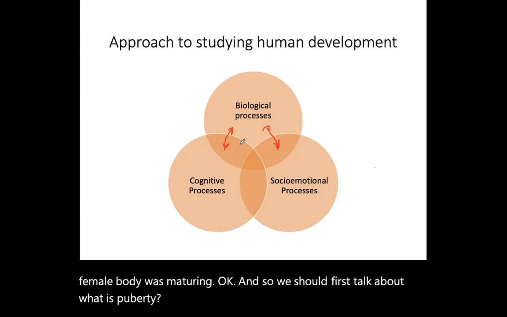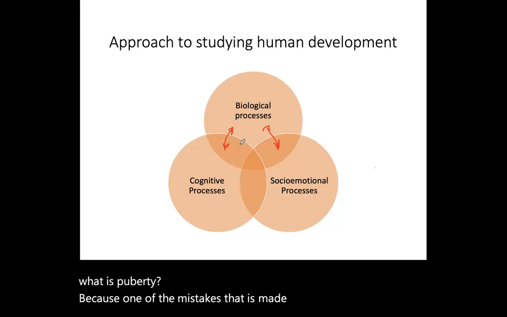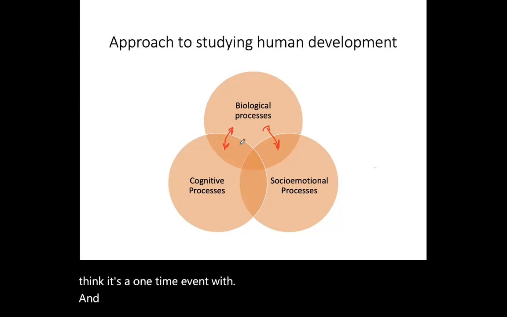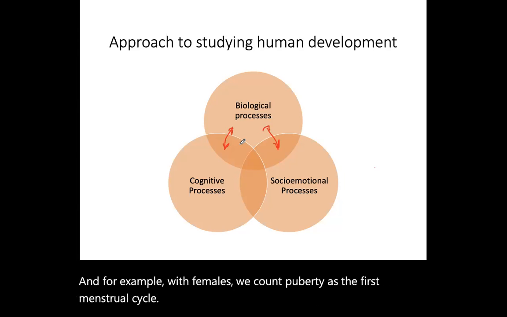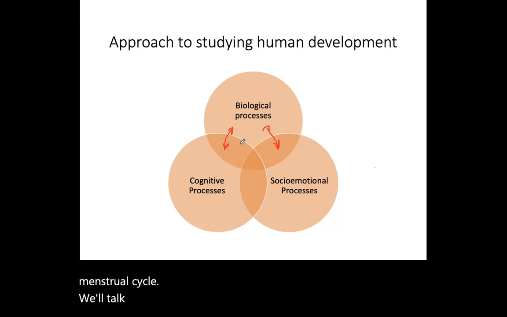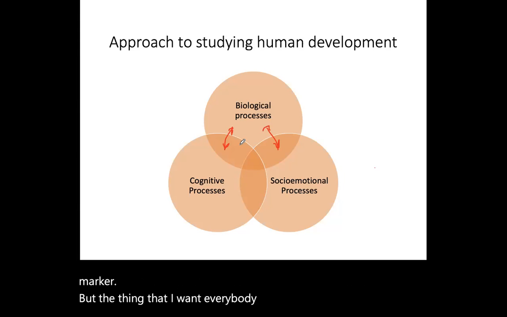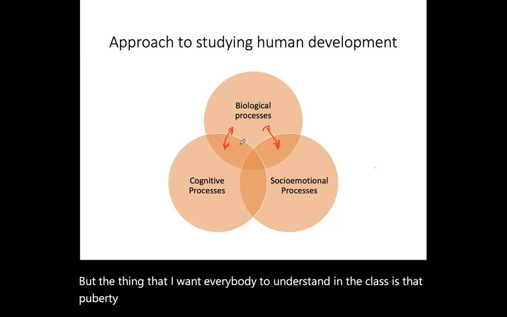Because one of the mistakes that is made with puberty is that we think it's a one-time event. For example, with females, we count puberty as the first menstrual cycle. We'll talk about boys here in just a minute, but we'll stick with women because there seems to be this clear biological marker. But the thing that I want everybody to understand in the class is that puberty is actually a 2 to 3 year process.